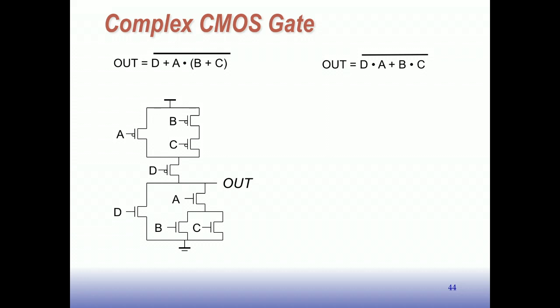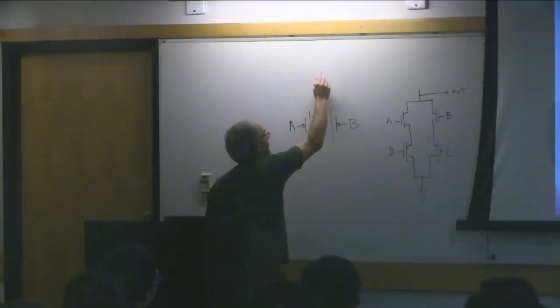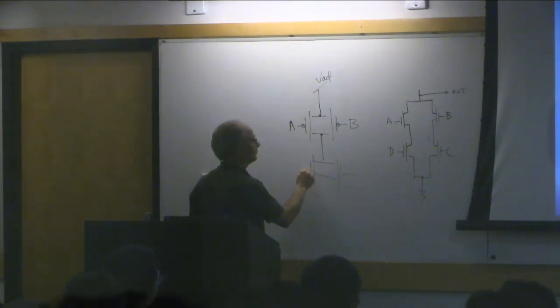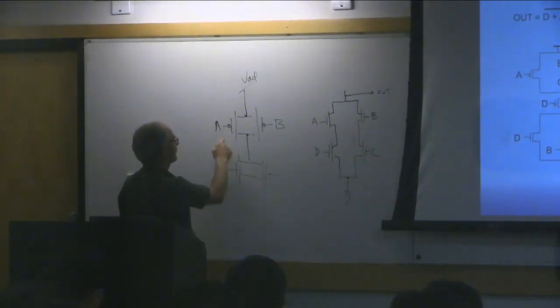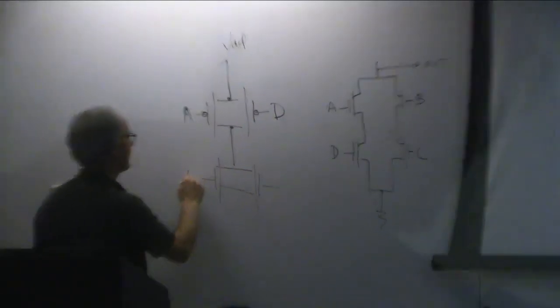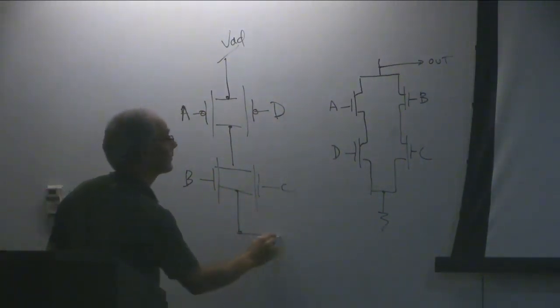So we'll end up with, these are P-type. It's VDD up here, and then that's AD, and this is B and C. And this is the same as out.